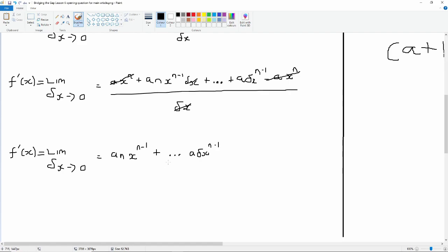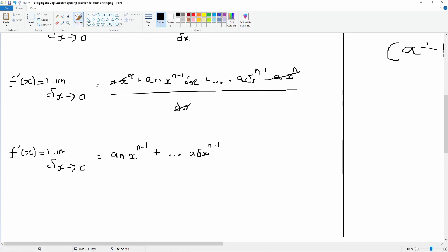Okay, so all these terms here with the dots have got delta x raised to some power, and as we find the limit as delta x approaches 0, all of those delta x terms are going to get closer and closer and closer to 0, to the point where they're so small we can completely ignore them.